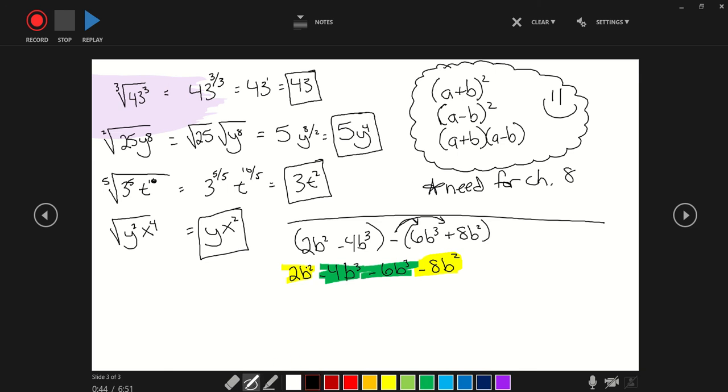So now we can add our like terms. 2 minus 8 is a negative 6b squared, and negative 4 minus 6 becomes a negative 10b cubed. We cannot combine those anymore because one's squared and one's cubed, and that is the answer.